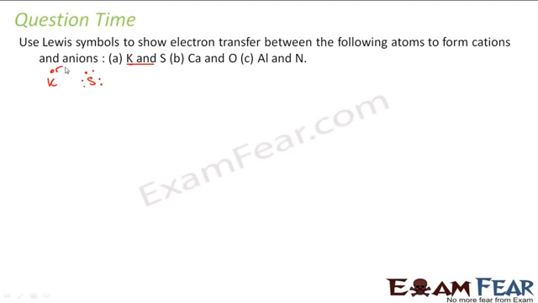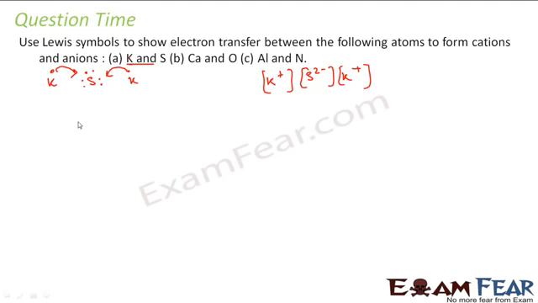So potassium will be eager to give 1 electron to sulfur to maintain the stable configuration, and sulfur will be eager to take electrons. So I'll have potassium as plus charge. Sulfur will get 2 negative charge because sulfur will take 2 electrons from 2 potassium. This will be the structure.